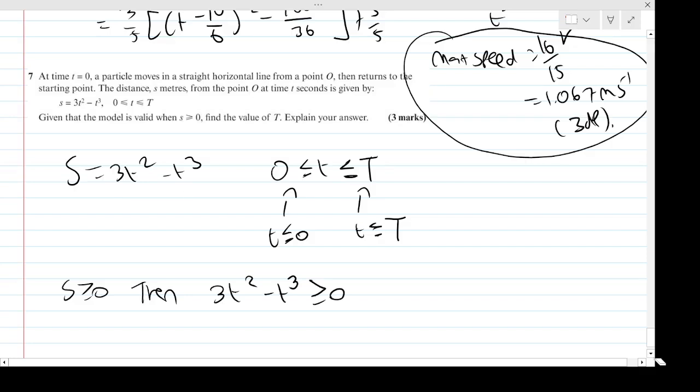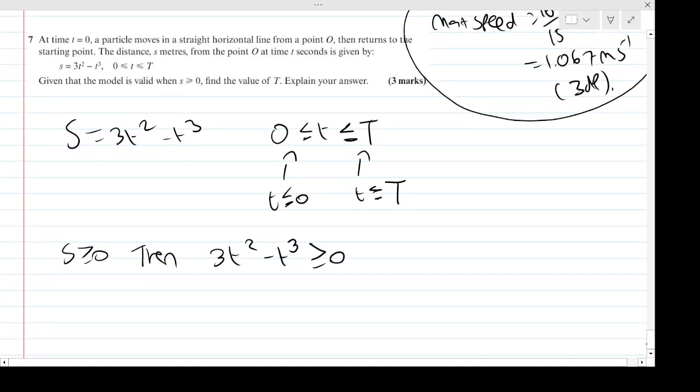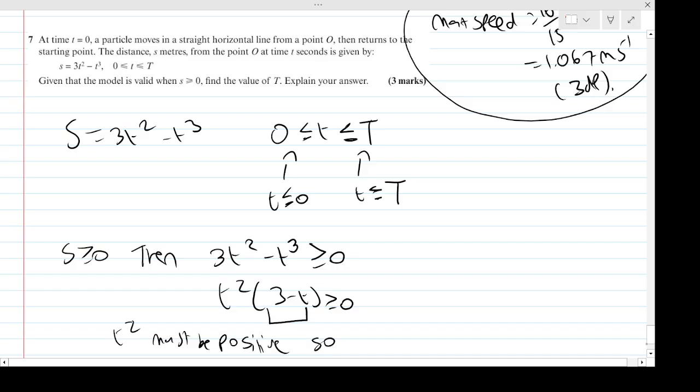So again, the same idea is we factorize to consider the signs. So I can factor a t squared out to get t squared times 3 minus t. And so again, t squared has to be positive because it's a square number, but also because t is positive as it's time. So therefore, if t squared is positive, then 3 minus t has to be positive as well.